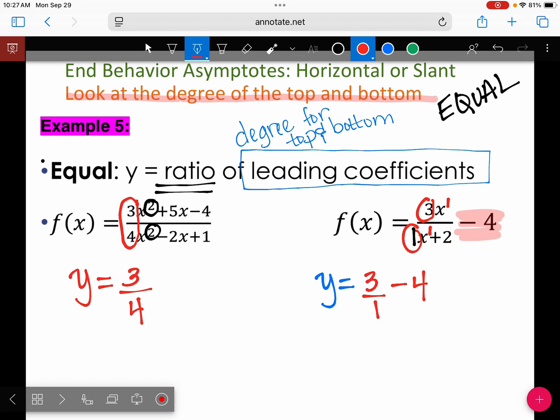So I have a horizontal asymptote at y equals 3 minus 4, which is y equals -1. So both of these would have a straight horizontal asymptote, because they are equal degree and we're dividing the leading coefficients. If there is a number that's tacked onto the end, like a -3 or a +3, we do have to take that into account. So for example, going back to the first one, if this -3 was there, I would have to subtract the 3. So we can't ignore that if there is a term after that one fraction.